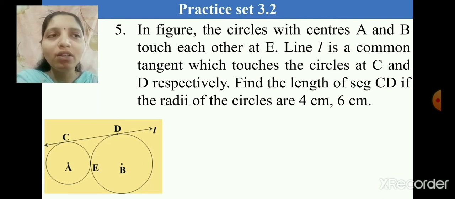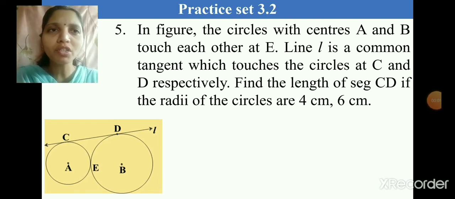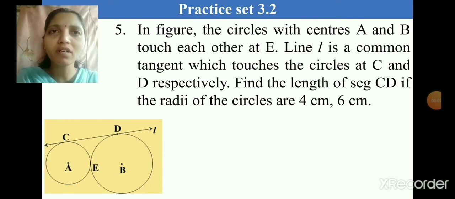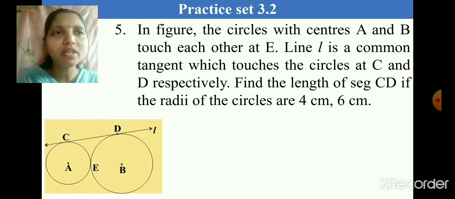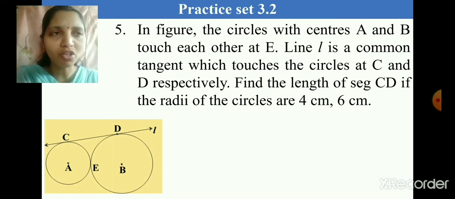Find the length of segment CD if the radii of the circles are 4 and 6 centimeters. In this question, the radius of the bigger circle is given as 6 centimeters and the radius of the smaller circle is given as 4 centimeters. So to solve this sum we have to do some construction.